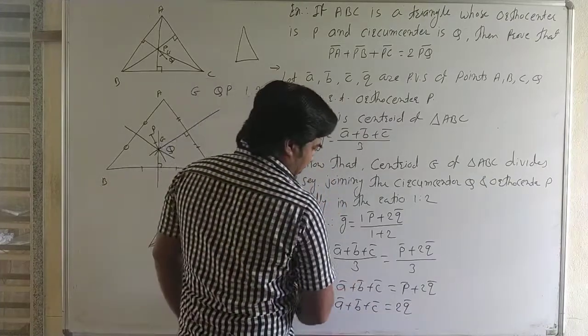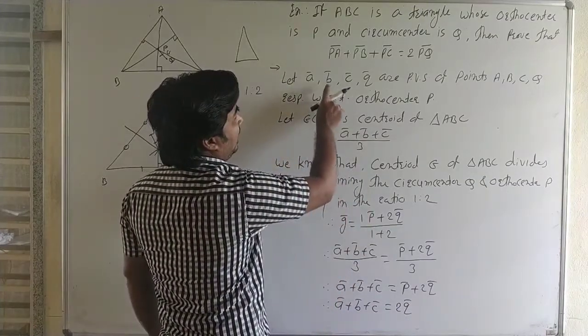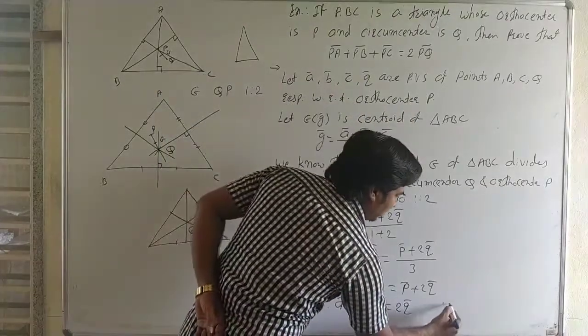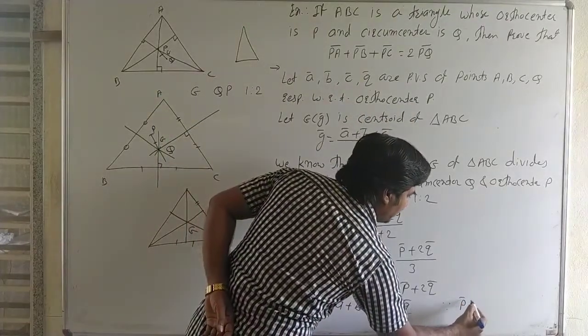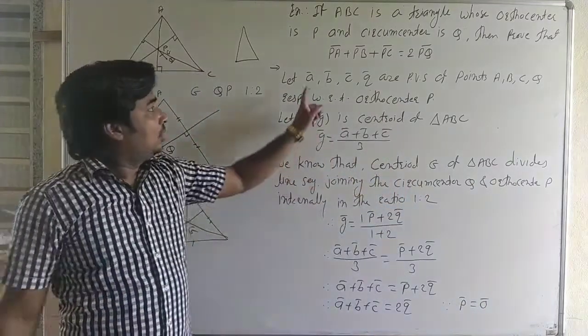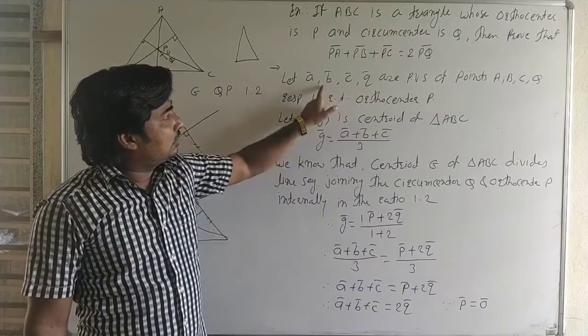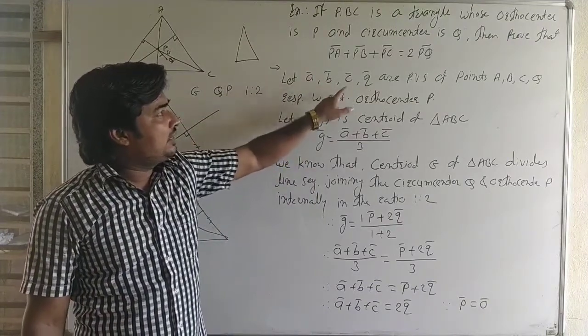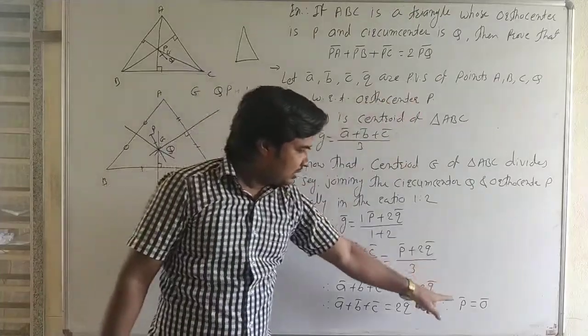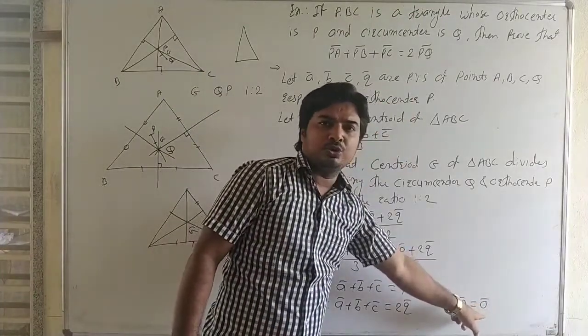Here we consider the position vectors of A, B, C, Q with respect to the orthocenter. Therefore take the orthocenter P bar as the origin, that is 0 bar. So P is equal to 0 bar.